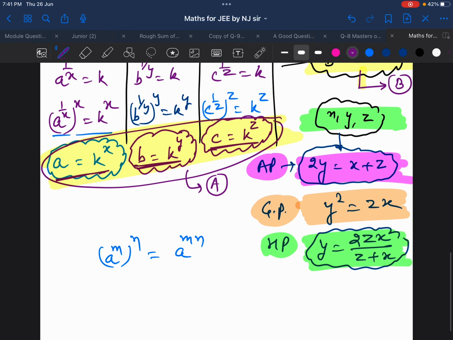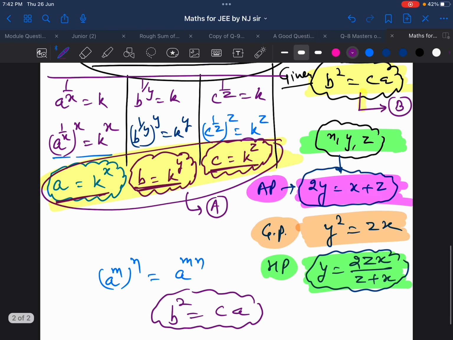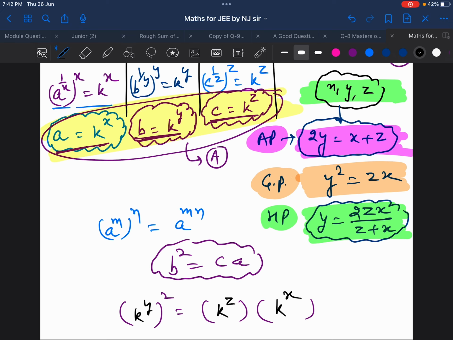So let us see what happens. Equation b says b square equal to ca. I will put a, b, c here. So in place of b, I can put k to the power y, and in place of c I can put k raised to power z, and in place of a I can write k raised to power x.